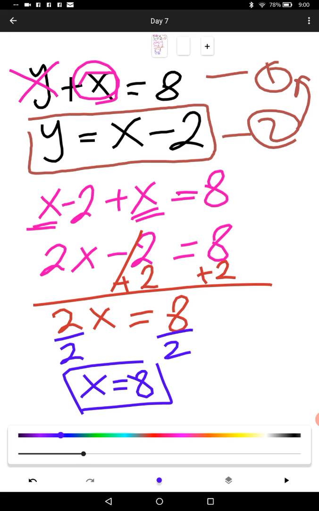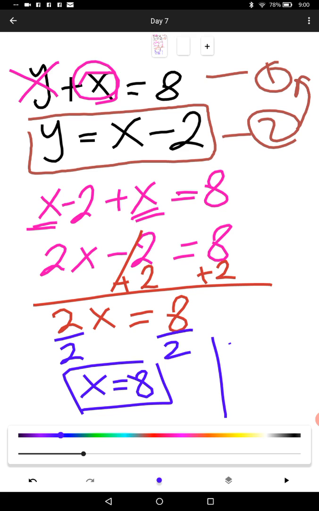Now we want to find y. To solve this system of equations, it is not enough to find the x value. We need x equals what and y equals what. That's what you have to think about. So we use the first equation or the second, whatever you want, to find the value of y.